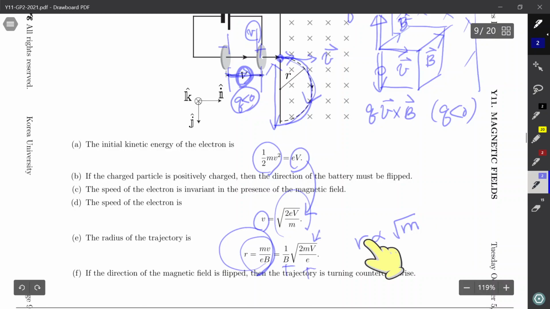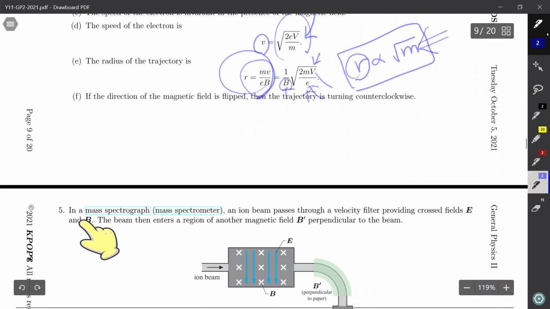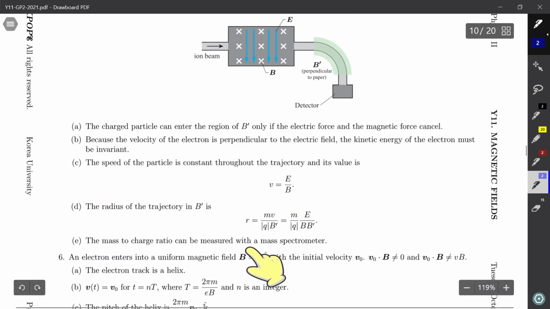So we can measure the potential, electric charge, and magnetic field, and then measure the radius of this circular orbit to measure the mass. So we call this machine a mass spectrograph or mass spectrometer. This is an application.